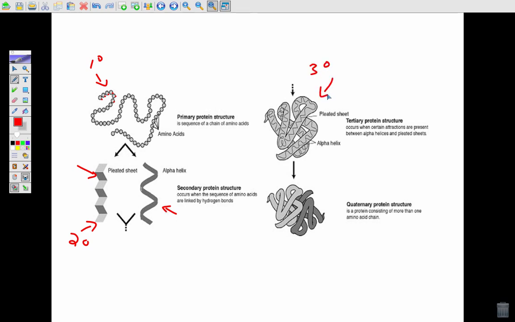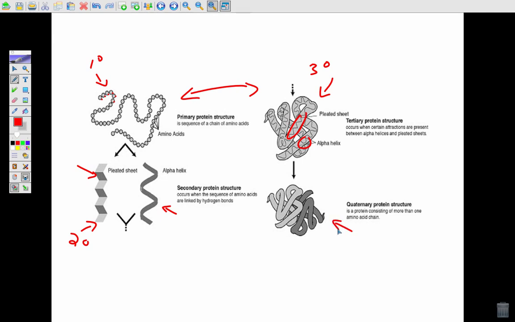Over here we have the tertiary structure. In the tertiary structure, you can see that the protein, which was that primary structure, is now folded with its alpha helix and its beta-pleated sheet. There's the alpha helix, there's the beta-pleated sheet. So the tertiary structure is all folded up.